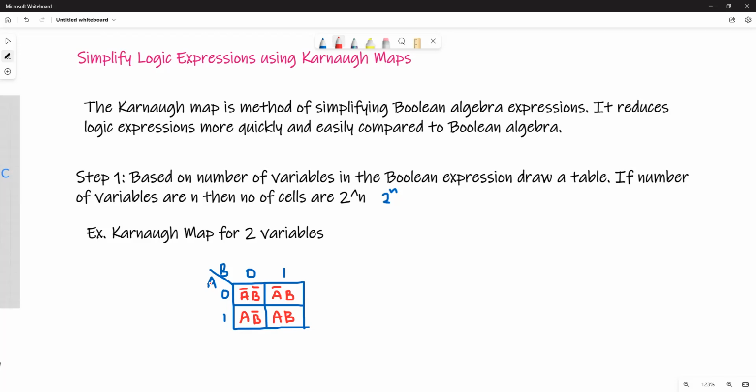So A 0 means A bar, B 0 means B bar, B 1 means B. When you say 1, it's A, and finally we have AB. Finished? Let me know when you're finished.